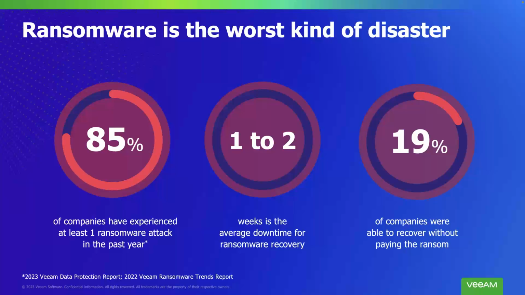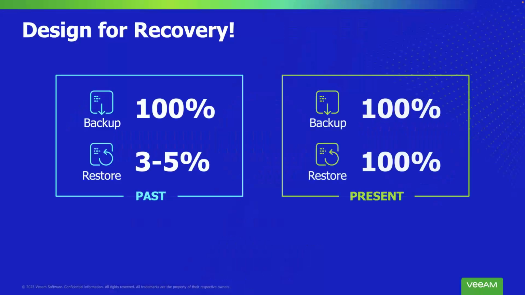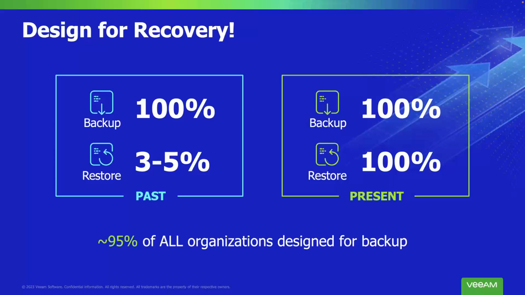Just to give you a bit more context of why Veeam data platform. In the old days, most organizations performed 100% backup. You need to do data protection of your business, of your data.